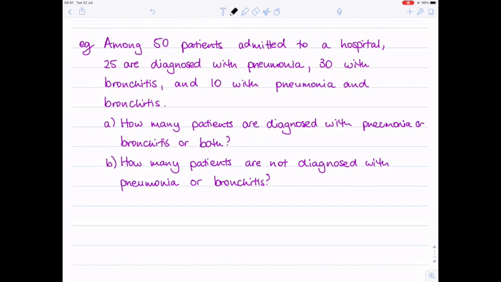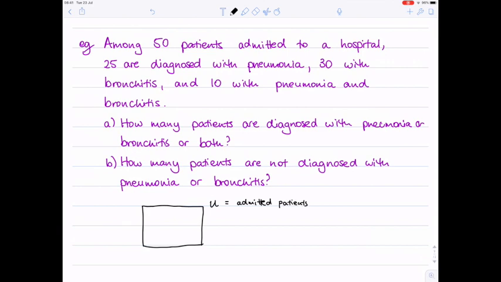So it's helpful in this kind of question to think about the information that we have and also draw a Venn diagram. So I'm going to have my universe here as usual, and I'm just going to say my universe is equal to the set of admitted patients.